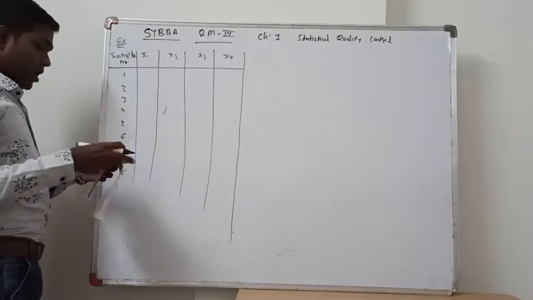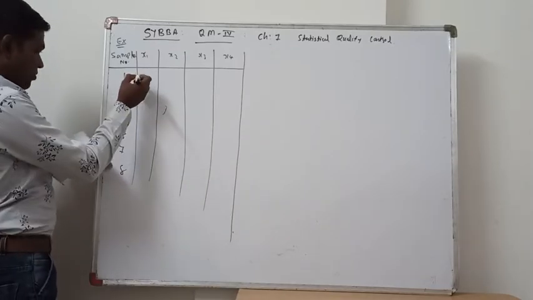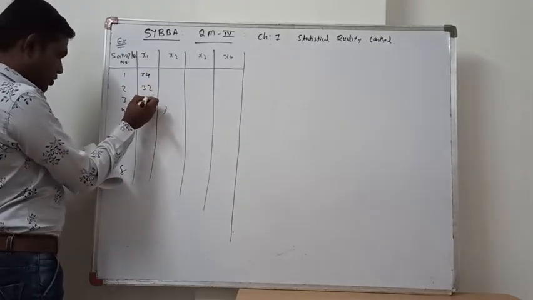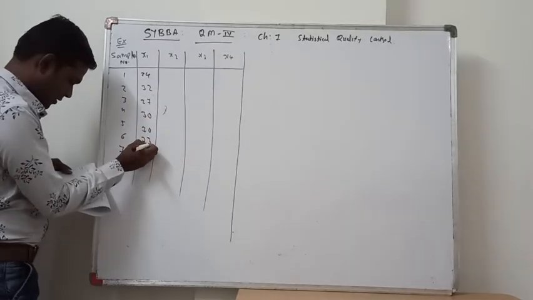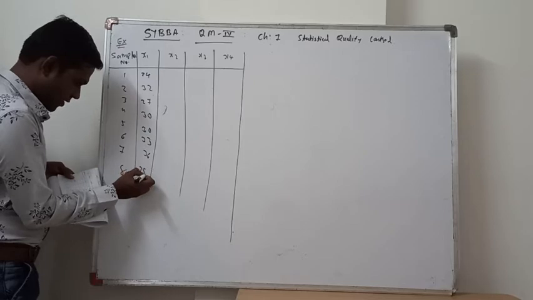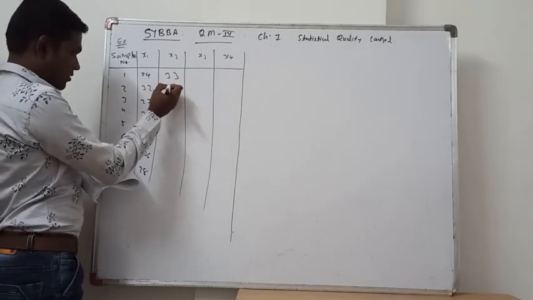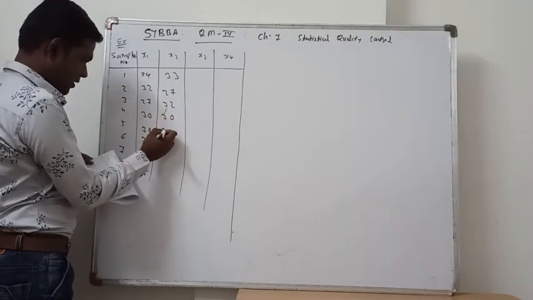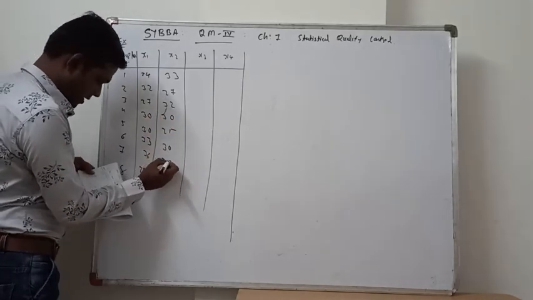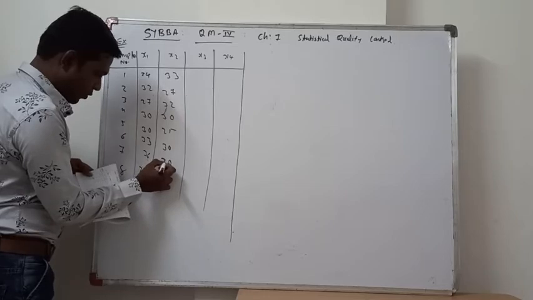Now the observations are: 24, 32, 27, 30, 30, 33, 36 and 28. Then 33, 27, 32, 30, 25, 30, again 30 and 34.